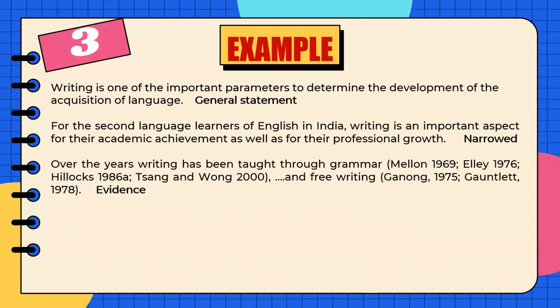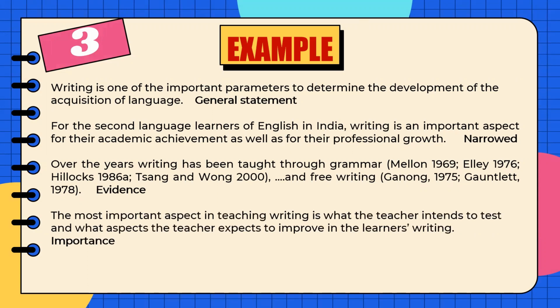Third, over the years, writing has been taught through grammar, so I'm citing my evidence, but I should take care not to overdo my citation. Fourth, the most important aspect in teaching writing is what the teacher intends to test and what aspects the teacher expects to improve in the learner's writing. This is the importance of the topic.